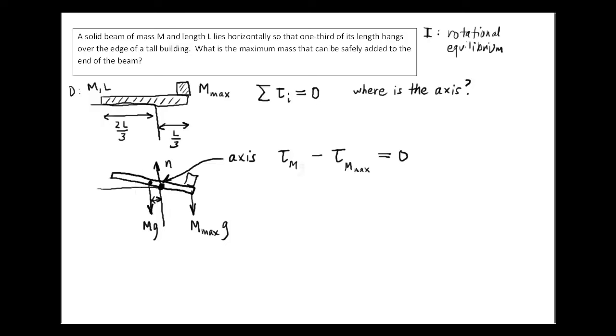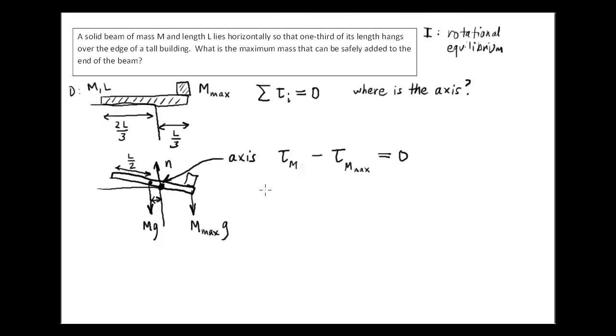arithmetic will show us what that is, because we know that this distance here is L over 2, because that goes from the end of the beam to its center of mass, and the distance from the end of the beam to the edge of the building we drew was 2L over 3, right?